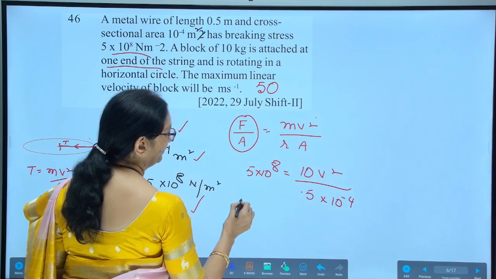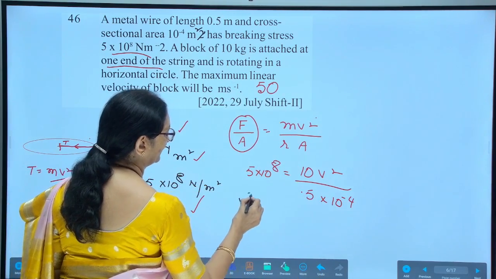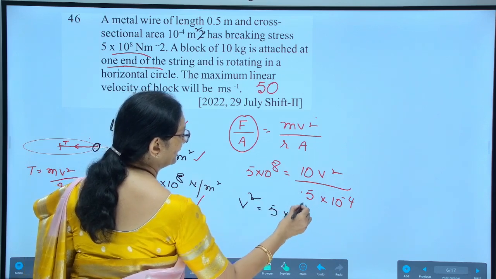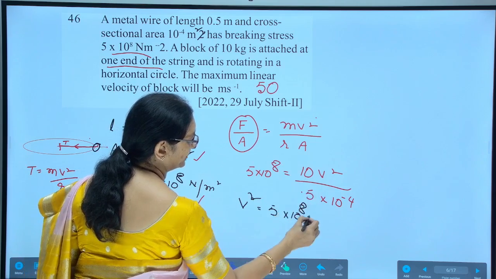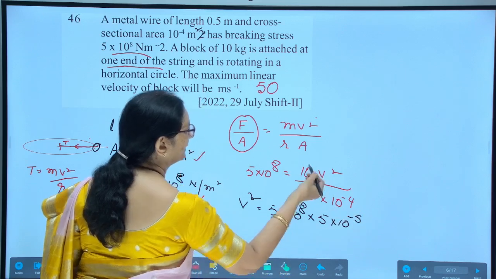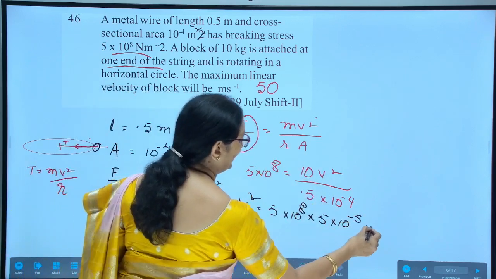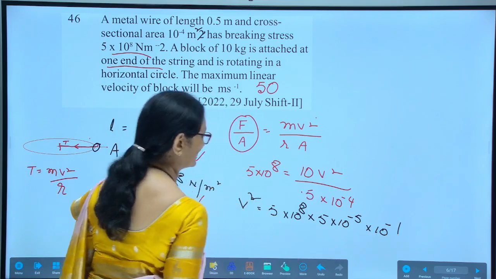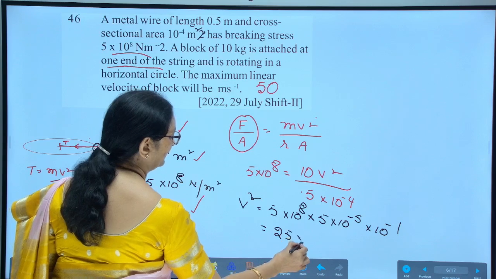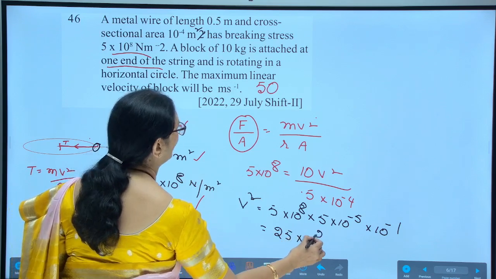So here v square is equal to 5 into 10 to the power of 8. This becomes, if this goes to the numerator, 5 into 10 to the power of minus 5. If this comes this side, it becomes 10 to the power of minus 1. So this is 25 into 10 square.